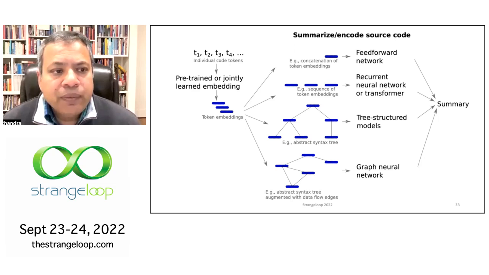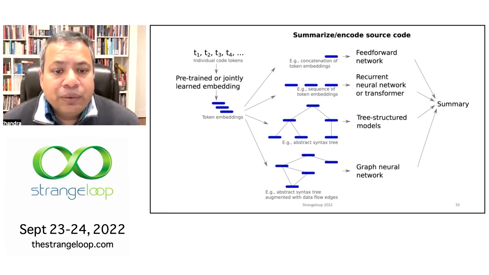Or you could input the token embeddings as a sequence, like we did in RNNs, or like how it is also done in transformers. Or you could have tree structured models or graph structured models and so forth. So you can preserve a little bit more information about the code if you wanted to, rather than just simply looking at code only as text. So if you wanted to use the tree structure, you could, and so on.